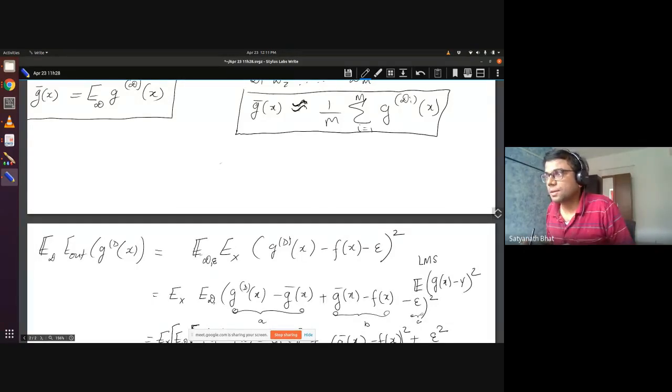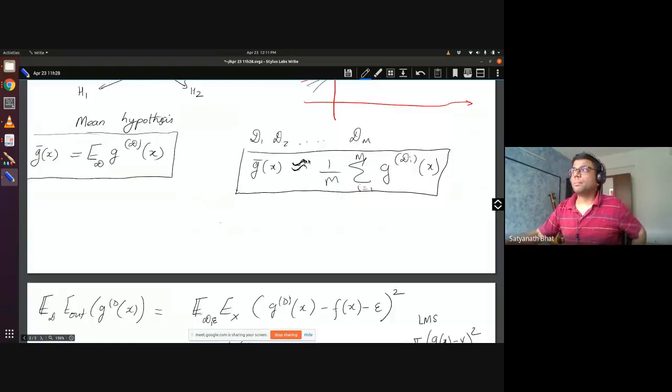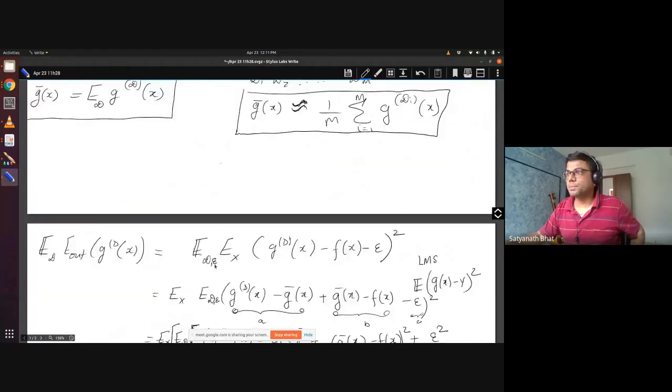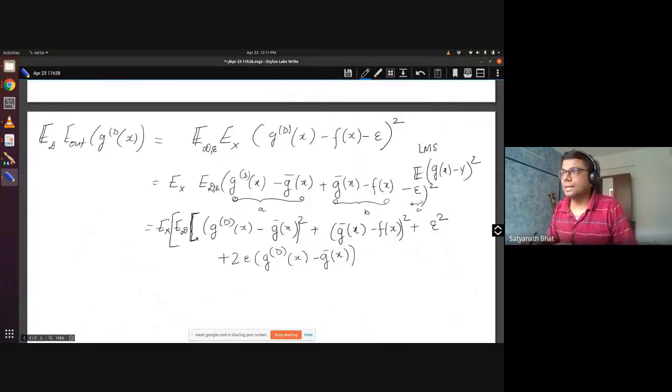Because depending upon epsilon, somebody may get this or somebody may get this, right? Epsilon is also important. If epsilon is more, this can get even more skewed. So we have to account for epsilon as well. I missed adding that, but let's put it.